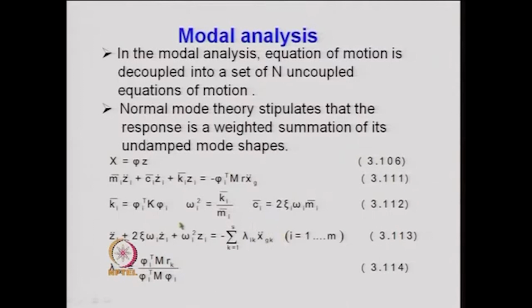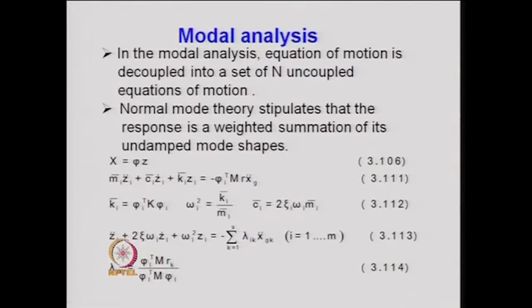Then on the right hand side, the entire thing, phi I t m r into x double dot g, can be written as a summation of lambda I k multiplied by x double dot g k. Now, k indicates the supports.